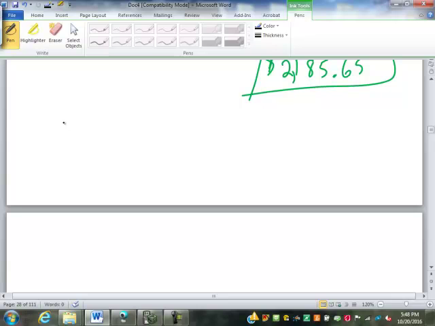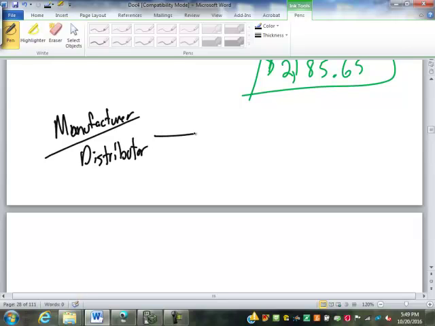Last week, what we were talking about was from a manufacturer or distributor to the retailer. This week, we're going to focus on the next stage, which is from the retailer to the customer.